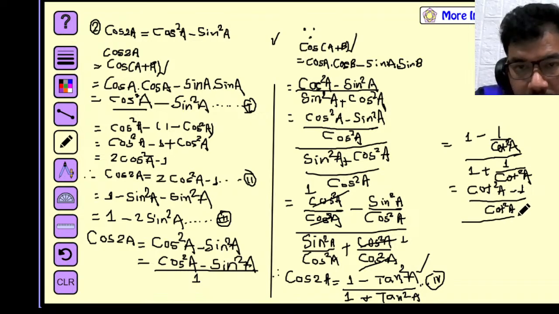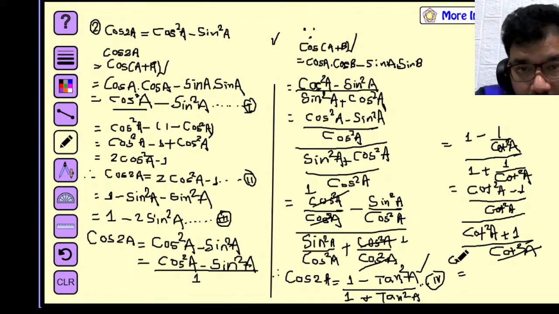And the whole upon, cot square a plus 1 by cot square a. Then we can cancel the cot square, this and this. Then we got another relation of cos 2a.